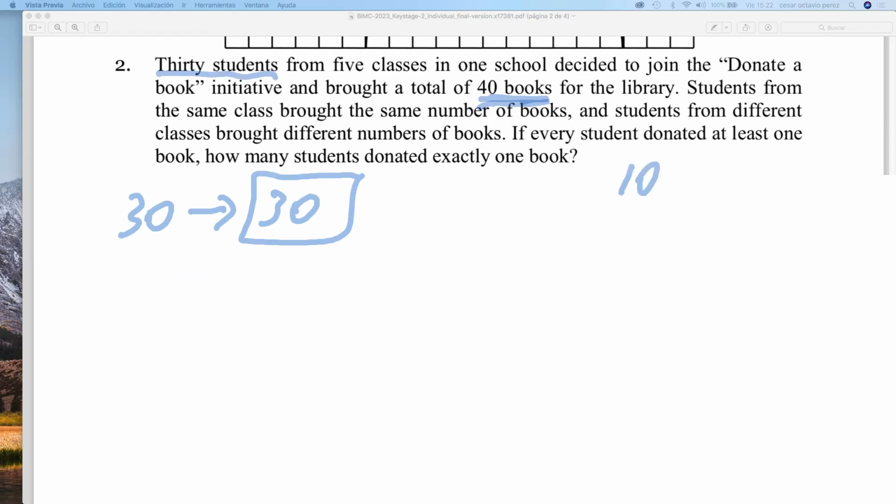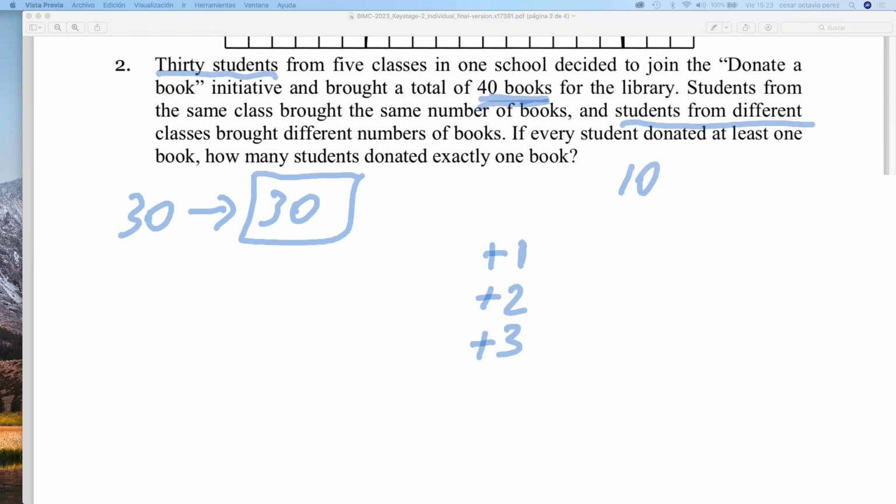Students from different classes brought different numbers of books. So we need one student. If one student has one more book, he will donate two books. Another student can donate two more books.